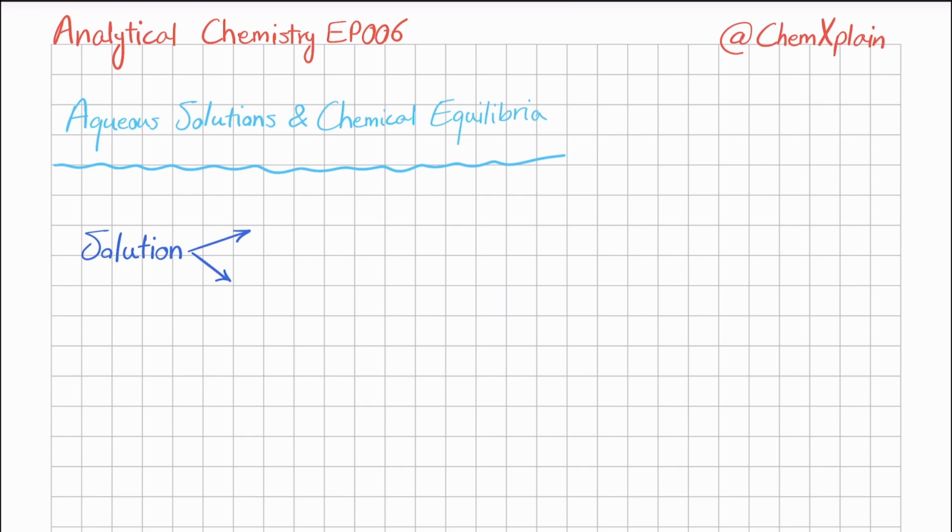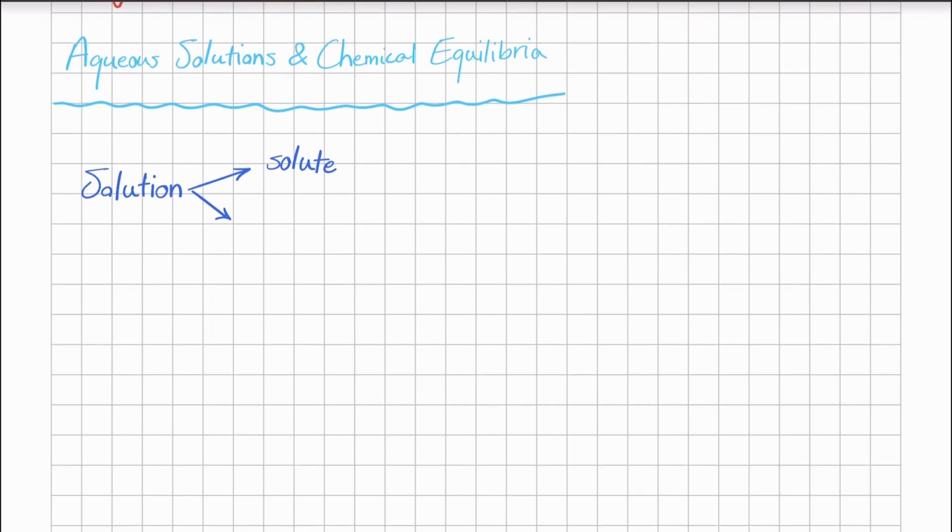Okay, I think that's enough. So, for solutions, we usually have two main parts. The first part is going to be the solute, and the second part, as you probably said, would be the solvent.